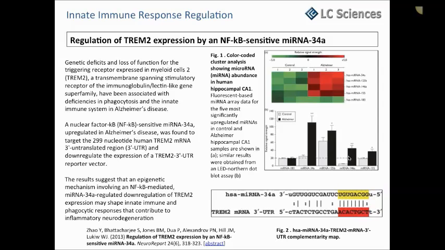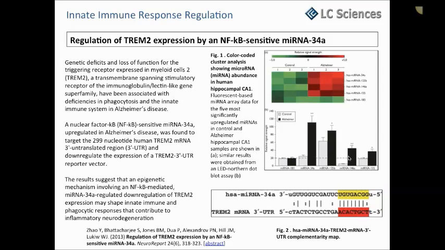This is a paper from Lukiw's group, also just published in 2013 in NeuroReport, and it shows the expression of microRNA 34A and which role it plays, because this is a microRNA that's of particular interest for Alzheimer's patients, where it is upregulated.